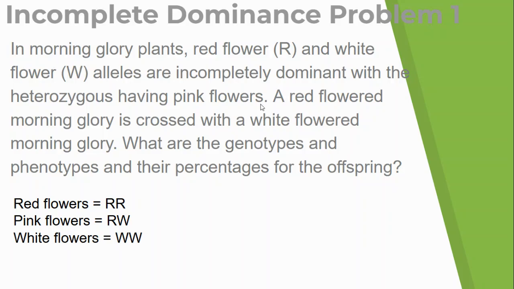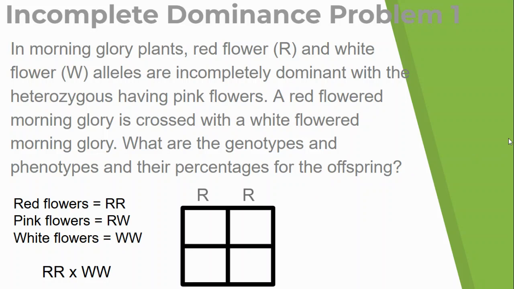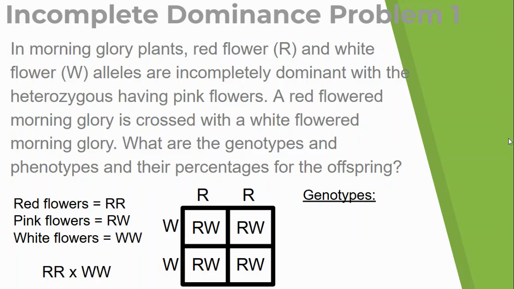We are crossing a red-flowered morning glory with a white-flowered morning glory, so we're going to have RR and WW as our parent genotypes. We can plug those into a Punnett square, and we should get all of these as our offspring. For our genotypes, every single one of these is heterozygous, so we'll have a 100% chance of the baby flowers being heterozygous.